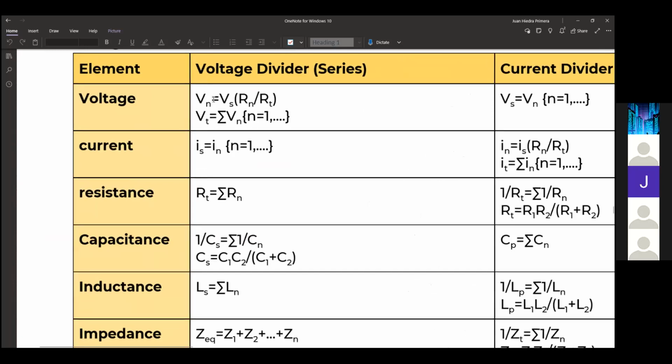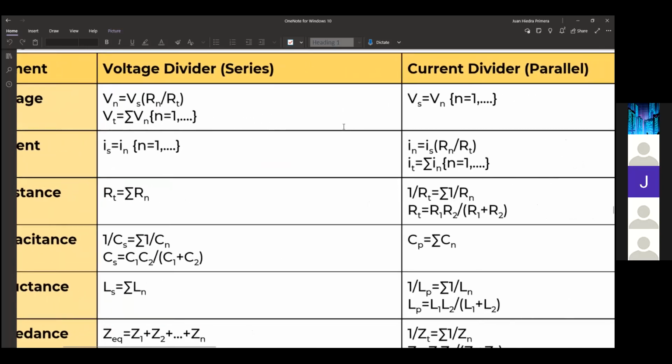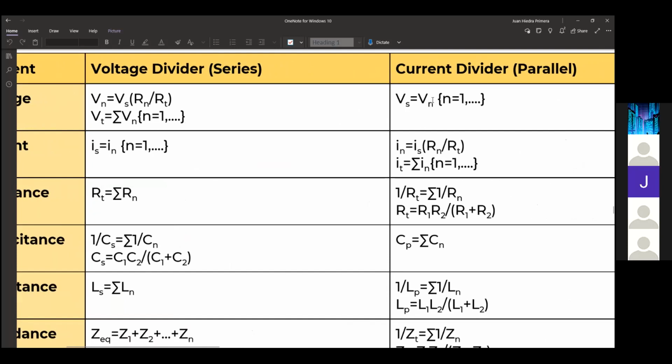So for voltage division, the total voltage of series elements is the sum of the voltage of each element. And if you want to find the voltage at any of those elements, it is the total series voltage times the resistance of the component you're looking for divided by the total resistance. In parallel, if you have multiple elements across from each other, all of them share the same voltage.